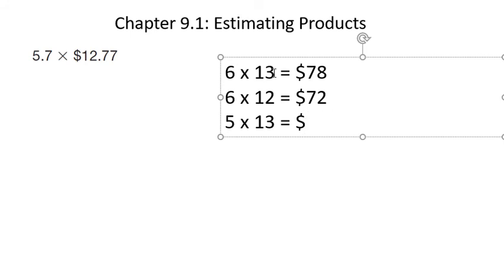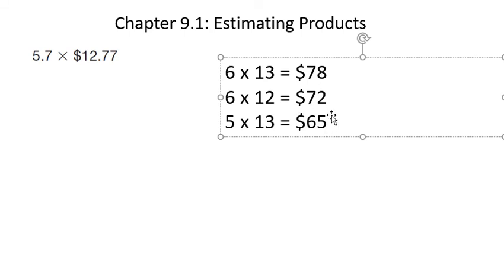If here we have 6 thirteens, here we have 5 thirteens, then 78 minus a 13 would be 65. And here we're a little bit closer. But because we rounded the 5.7 down quite a bit, you can see that took our 65 quite a bit lower. So these are all good estimates.